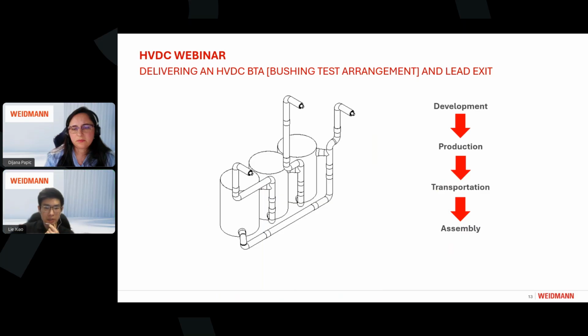If the bushing test arrangement, which we call BTA, passes the test, then it means the insulation structure is verified, and we can apply this structure into the later HVDC lead exit design. Otherwise, it needs improvement and adjustment. Next page, please.